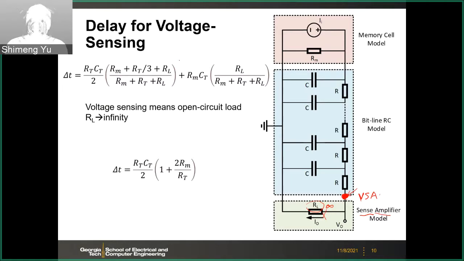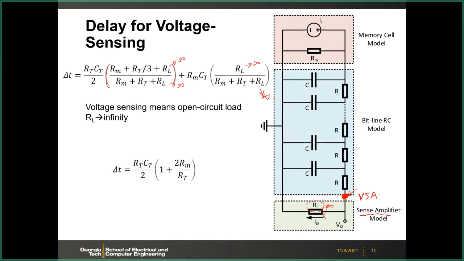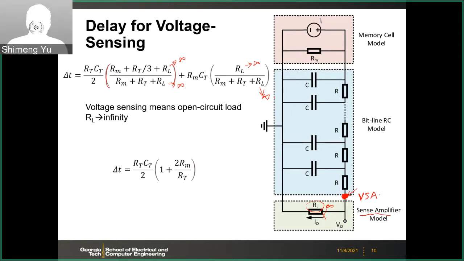So from this equation, you can see if RL goes to infinity, what would be the value of this term inside the bracket? Basically this goes to infinity and other terms do not matter.